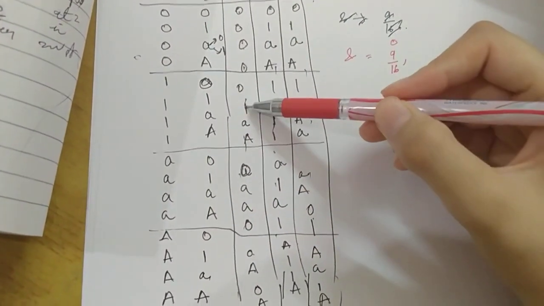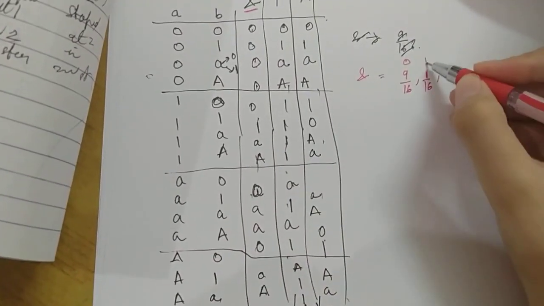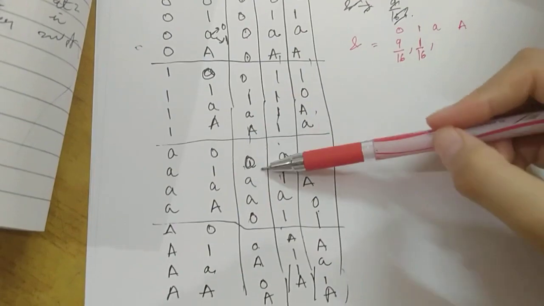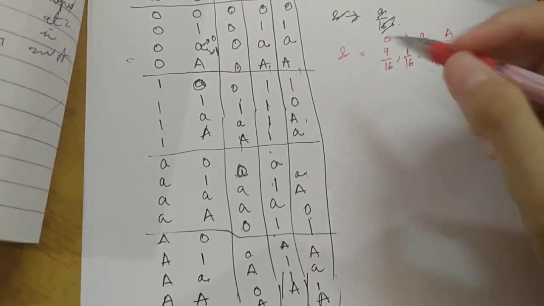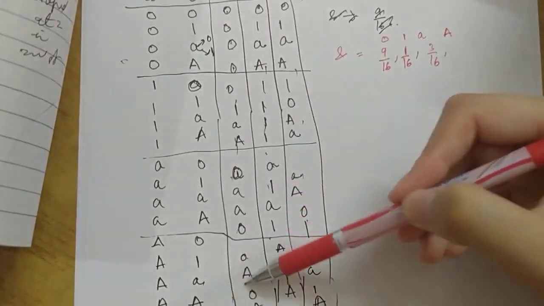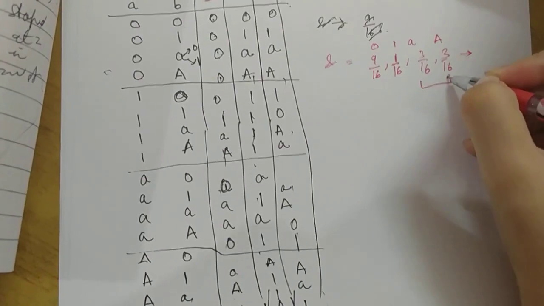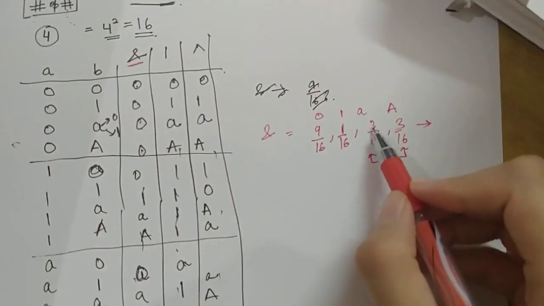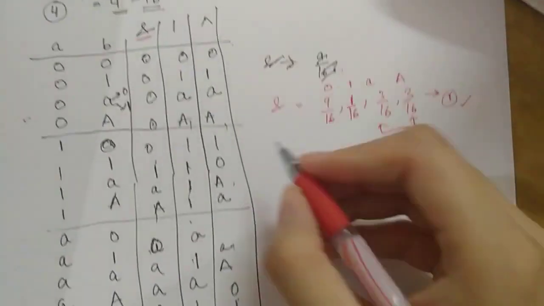For 1 we have 1 by 16 chance. For small a we have 3 by 16 chance, and for capital A we have 3 by 16 chance. These both are symmetrical. And their sum, 9, 10, 11, 12, 13, 14, 15, 16, evaluates to 1. So it is proper.